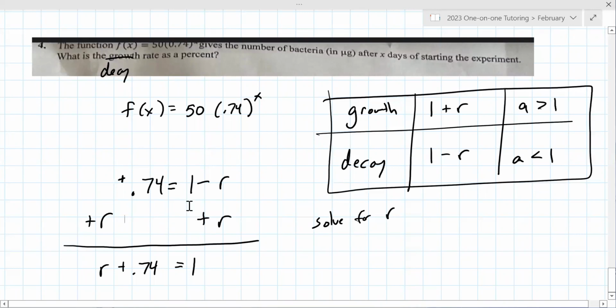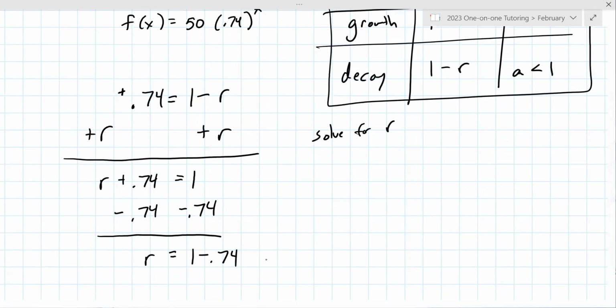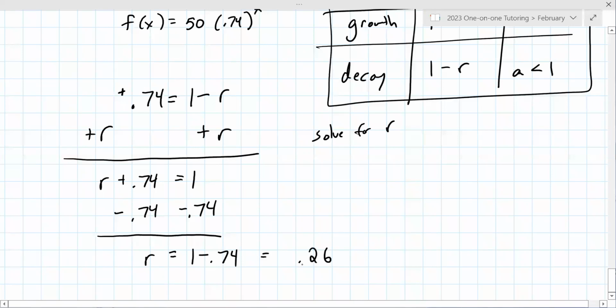All right, great. Now you can undo the plus 0.74. You can subtract 0.74 from both sides. So r equals 1 minus 0.74, and this equals 0.26. So this is the growth decay.